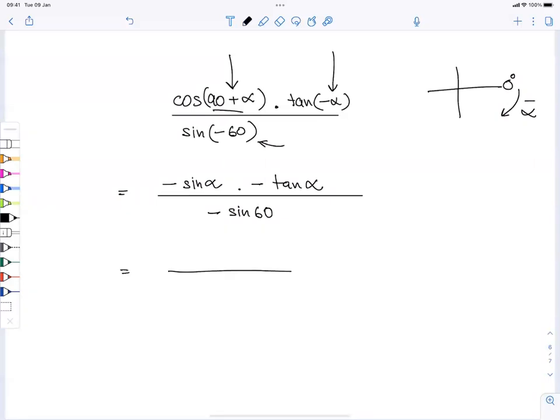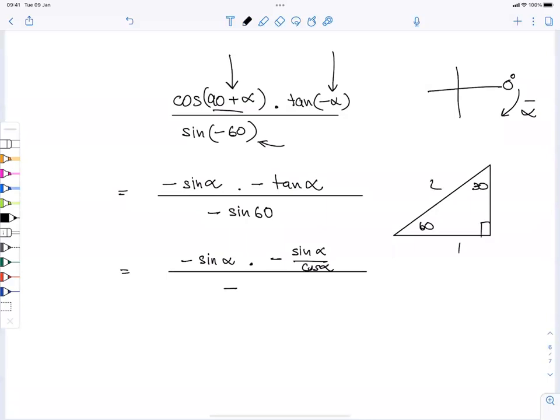Now, on top, I have negative sin alpha times negative tan alpha. Tan is going to change to sin alpha over cos alpha. And at the bottom, I have negative sin 60, which I need a special triangle for. 60, 30, 1, 2, root 3. And that is negative root 3 over 2. A negative and a negative makes a positive. I don't like this sum. I've stuffed it up. Then, if those two sins multiply, I get sin square x.